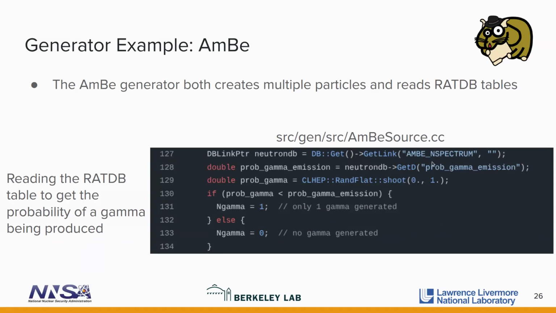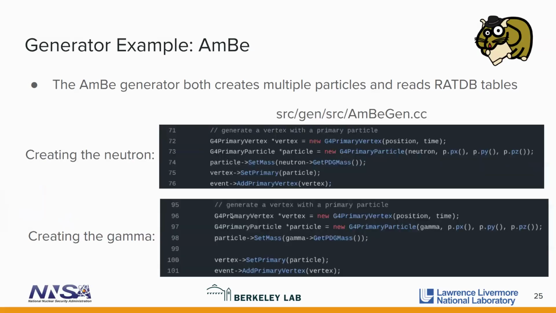In this case, the probability that you get a gamma, because you don't always get a gamma with the neutron in the AMBI generator. So using that random probability, you determine if you're going to produce a gamma or not. And then you choose whether or not to fill these particles and create them in your generator.